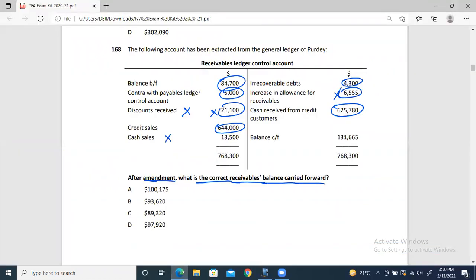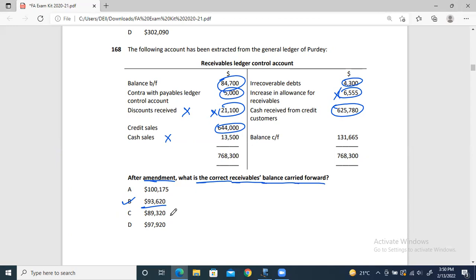Let's see. Yes, I think the correct option will be option B. And this is the correct closing balance figure of the receivables account. So we just need to make sure that the correct amounts are written on the correct side, and what things come on debit and what things come on the credit side.